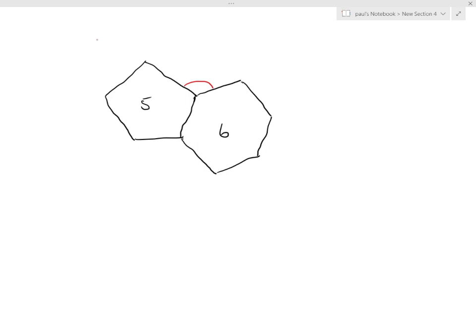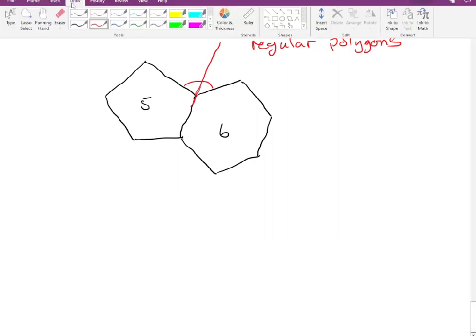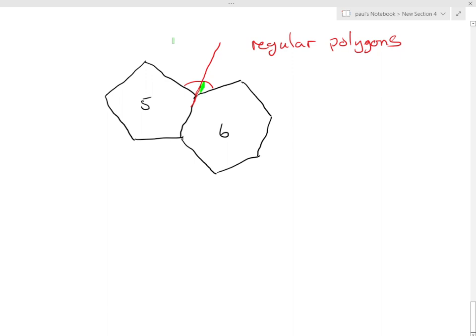Now, because this is made up in the question, it would be made up of regular polygons. So to find this angle between these two shapes, what you do is you cut them in half, like that. And that there is going to be the external angle of the hexagon, and that there will be the external angle of the pentagon. So if we can find both, add them together, we've got the complete angle.